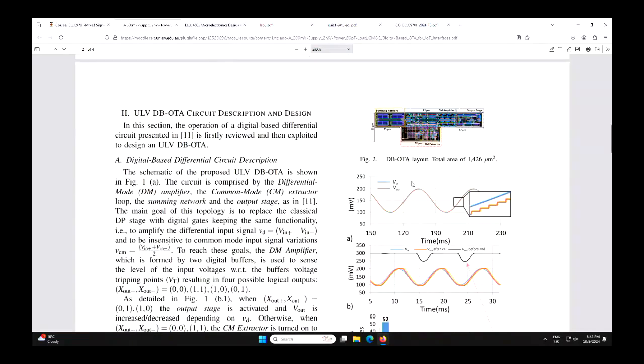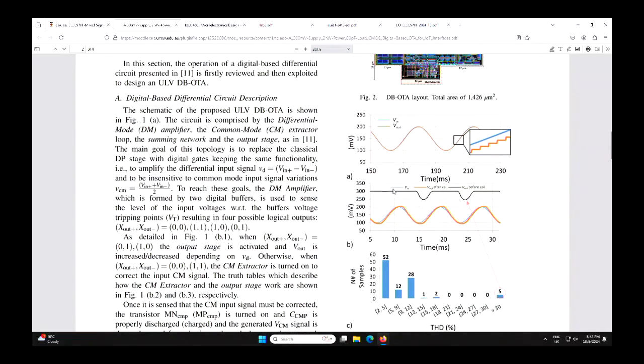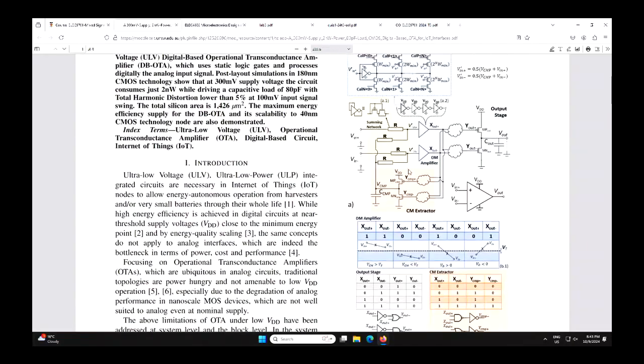You can calibrate the voltage here. Otherwise, you can see the output here is not good. But after you input some calibration word, the output becomes normal.